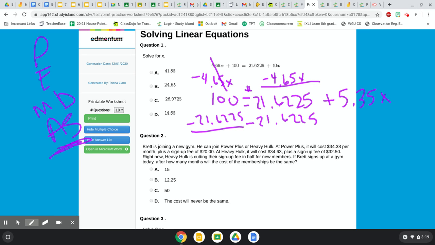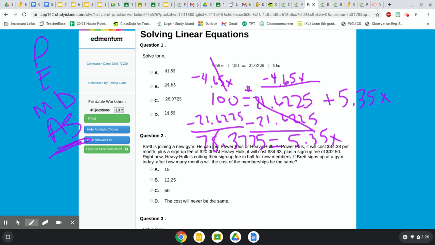Guys, just use your calculator, because there's no point in trying to figure this out and taking forever just to subtract something. So I have 100 minus 21.6225, and that's going to be 78.3775. Bring down my equal sign. This cancels, leaving me with the 5.35x.